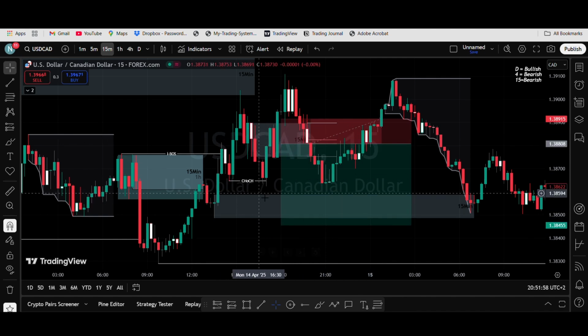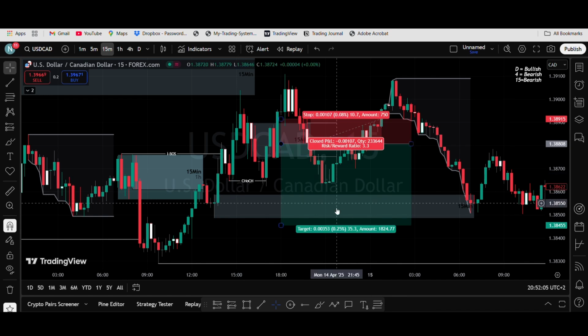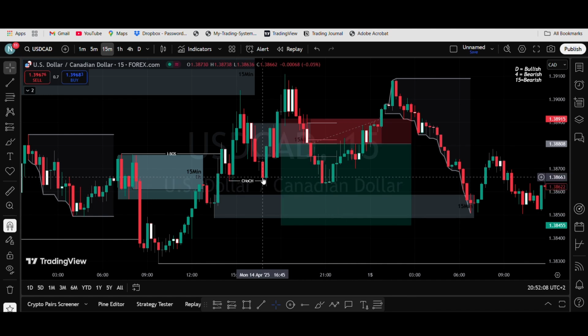Now I went back, looked at some of my older trades, and the tally is 4 of this type of change of character. 4 of them are losses, and only 1 win has resulted from a trade of this manner, where you are pro swing but counter internal, and your change of character is only a slight one, like this, where you have a little wick just sweeping this and coming back in, right?